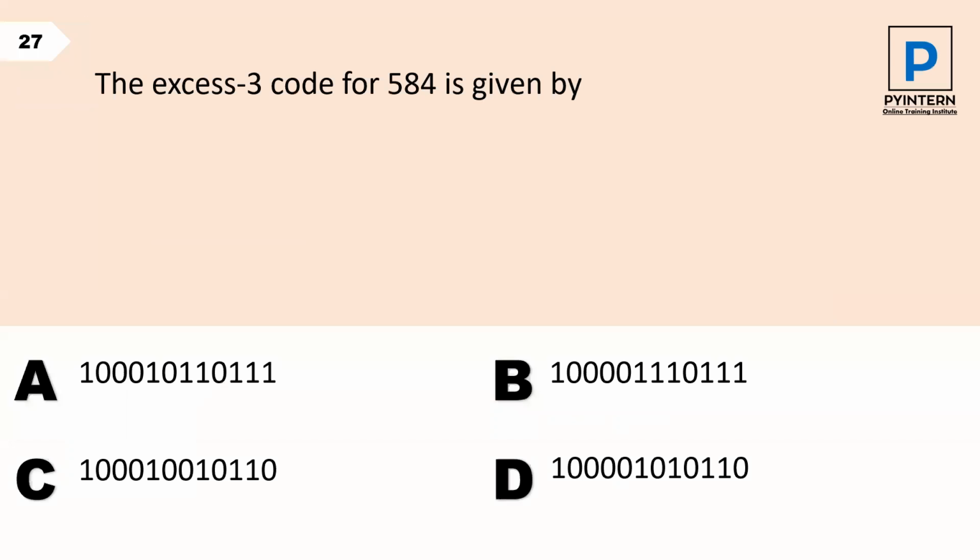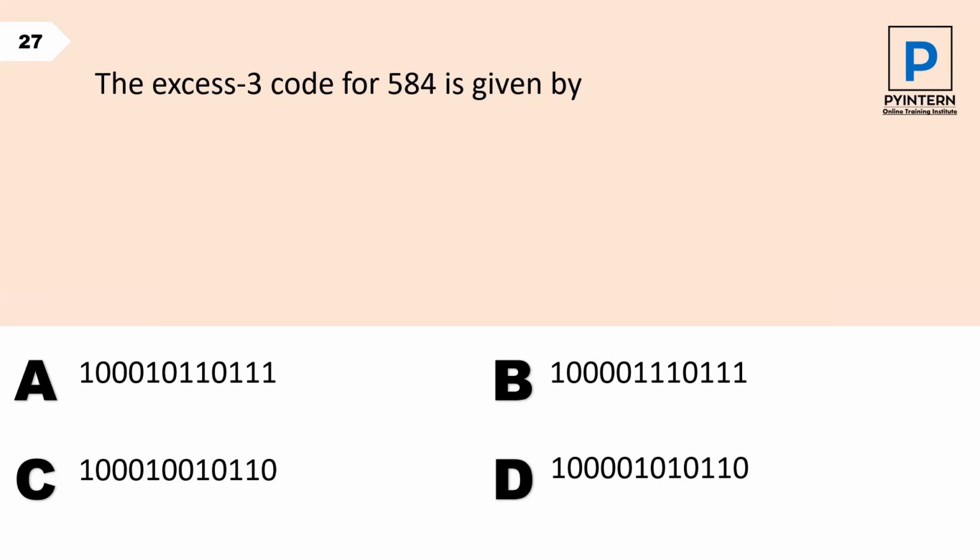Okay, come to the next question. The excess-3 code for 584 is given by, there are 4 options. So the question is how to convert any decimal number to excess-3 code. There are 2 methods. One method is to find the BCD code of the given decimal number, and after that add 3 to each digit.